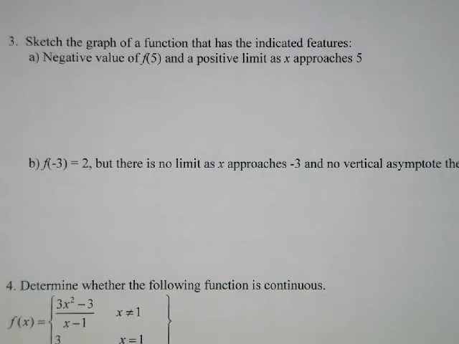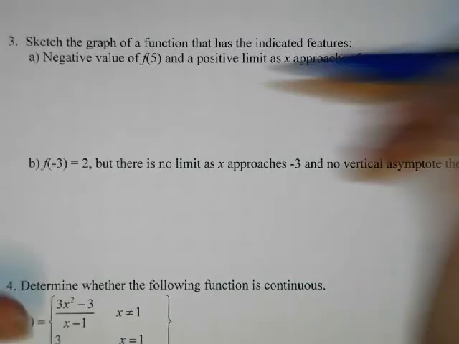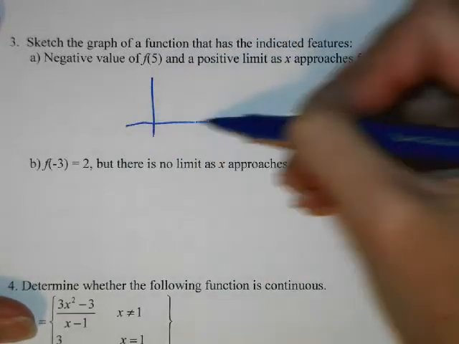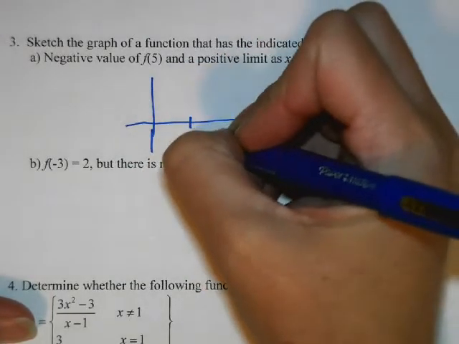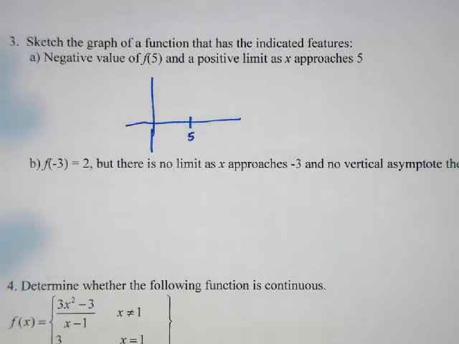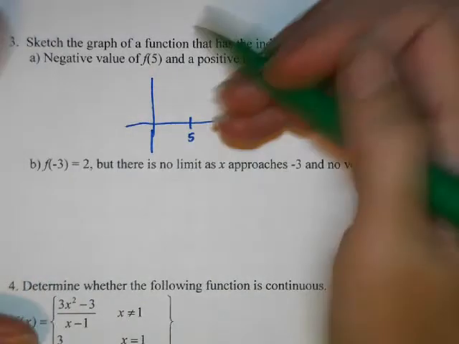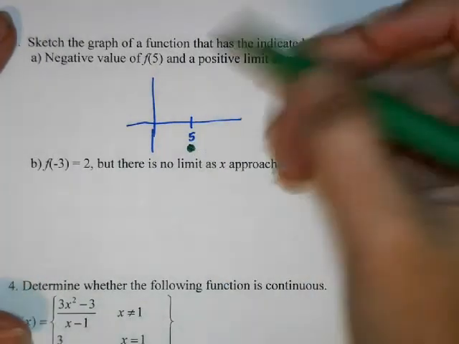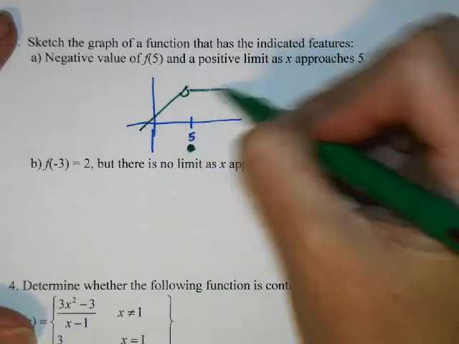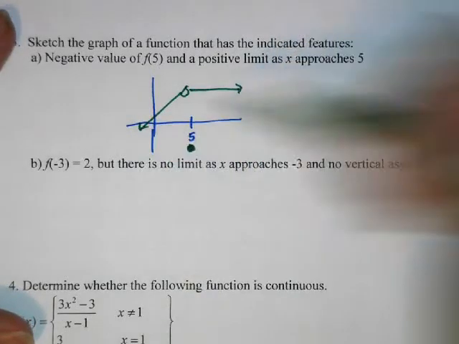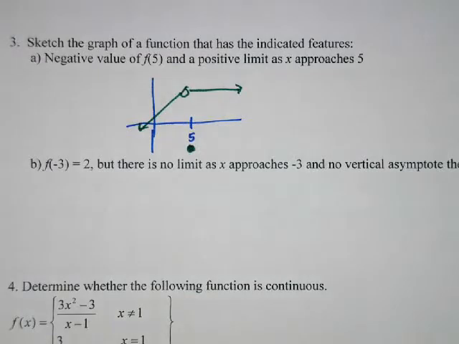Now we're going to sketch a graph with the indicated features: a negative value of f of 5 and a positive limit as x approaches 5. So there's 5. If it has a negative function value, just put a dot down here, and a positive limit could look something like that.